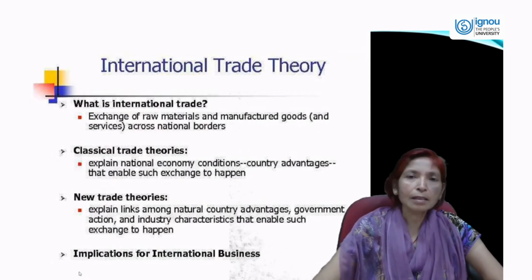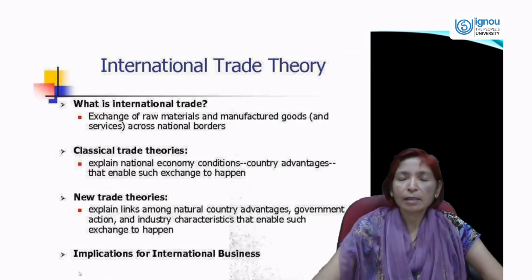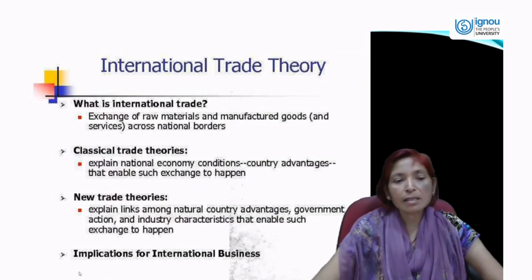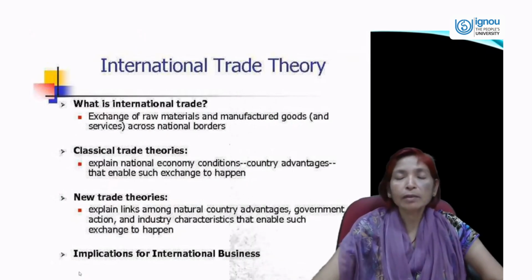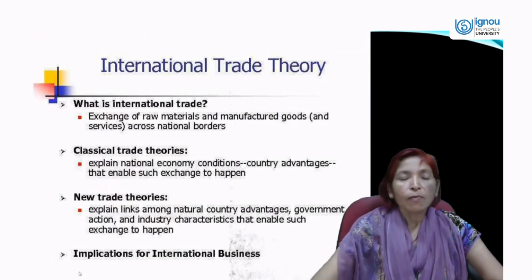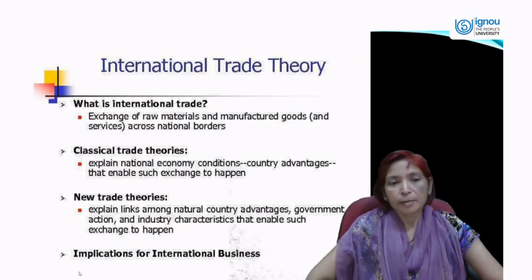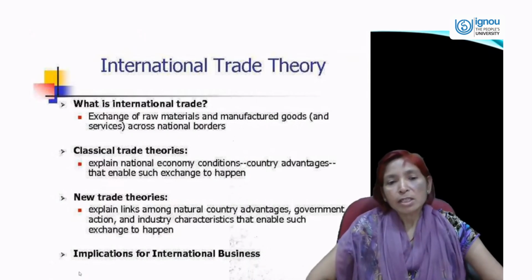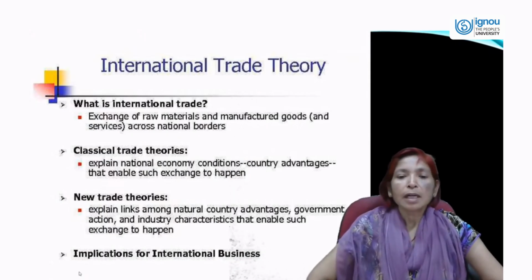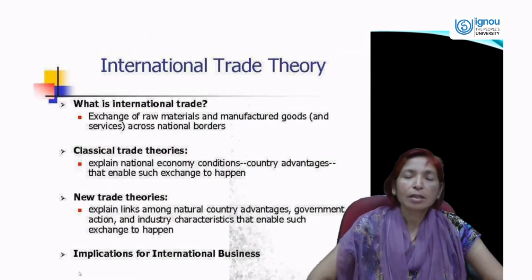One is classical international trade theories, and second is new trade theories, known as modern trade theories. First is classical trade theories. In this theory, we explain national economic conditions and country advantages that enable such exchange to happen.